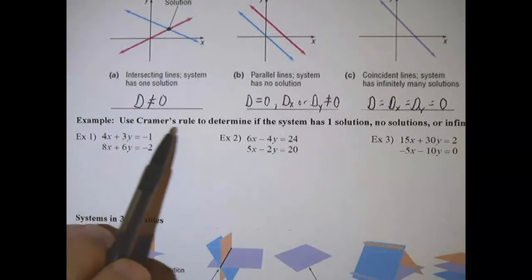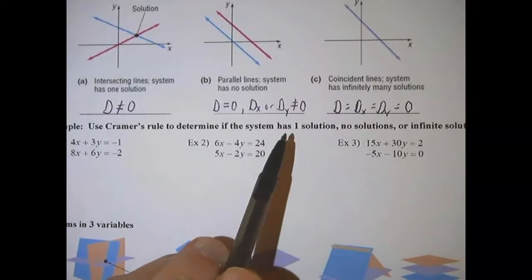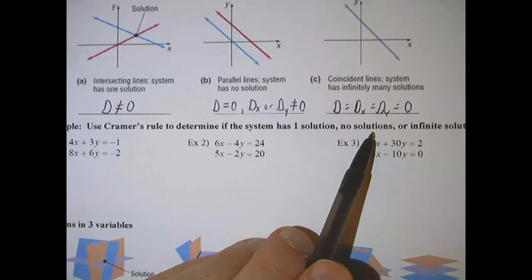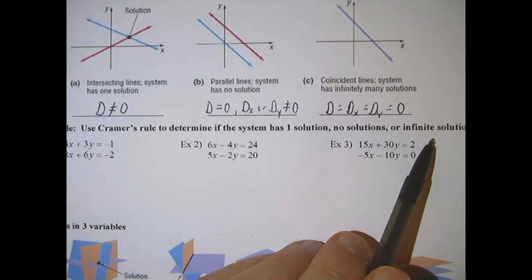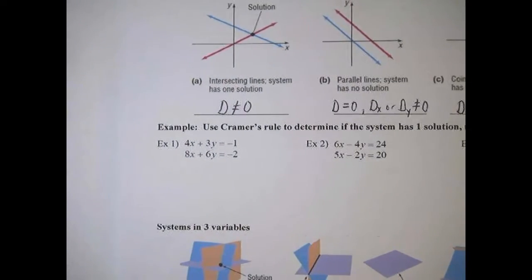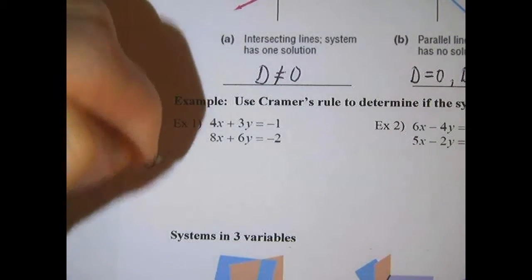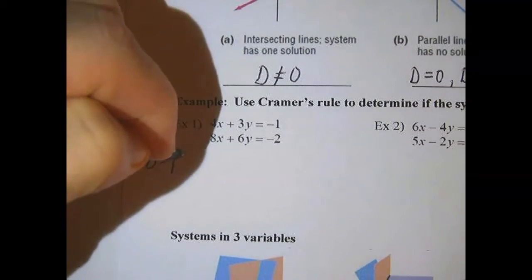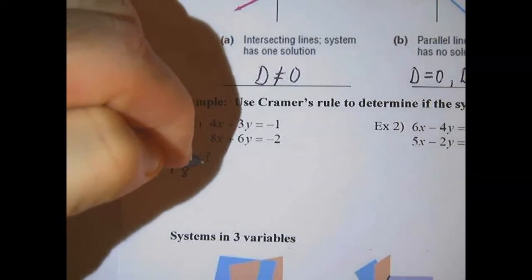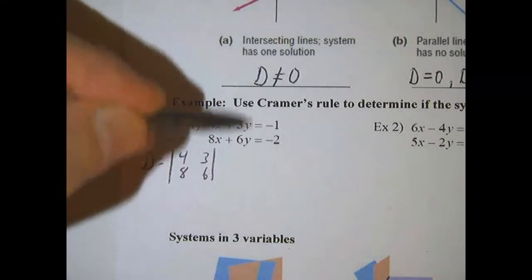In the directions, we're only asked to determine if we have one solution, no solutions, or infinite solutions. In other words, intersecting, no solutions would be parallel, and infinite solutions would be coinciding. Let's look at this first one. We have a system of equations, and we're going to first look at D, the determinant 4, 8, 3, 6, based on the coefficients.